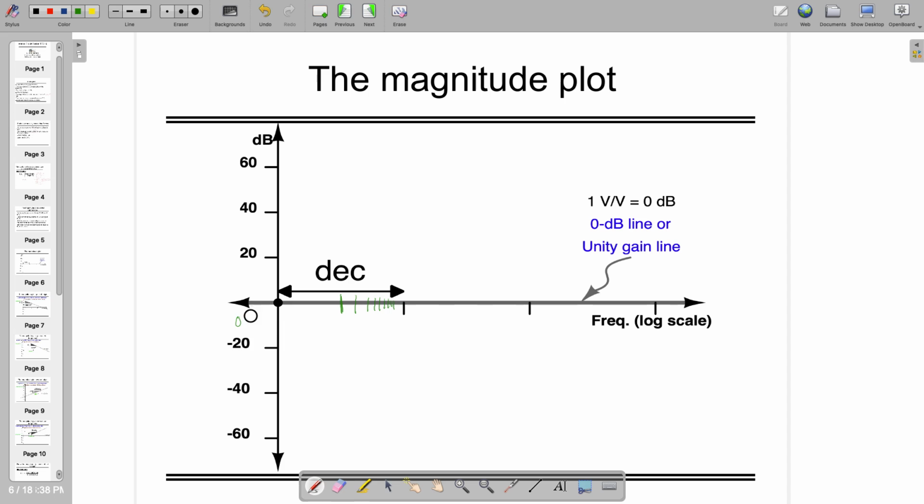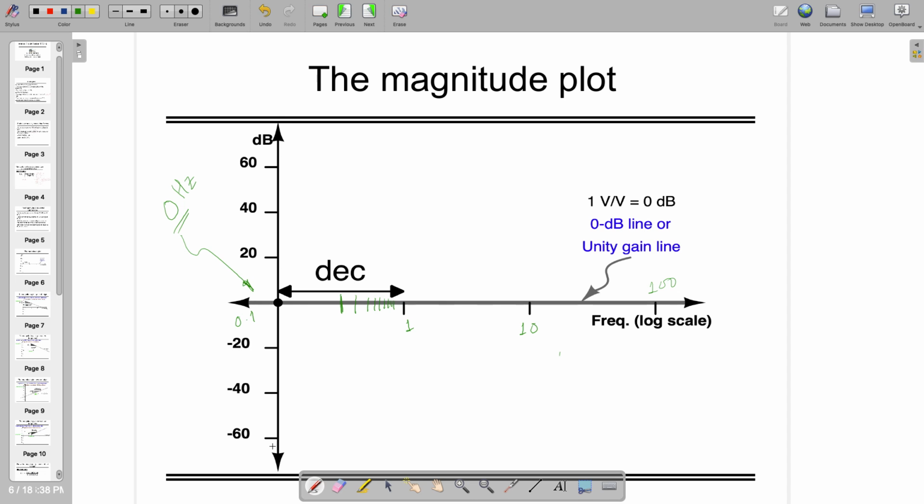So if it is 0.1, this goes 1, this goes 10, and the next one might be 100, and so on. So you can have the value as big as you want, and accordingly you have to start from the minimum number. Note that on x-axis you are not going to have 0 hertz ever, because it's in log scale. In log scale 0 is not at all possible, right?